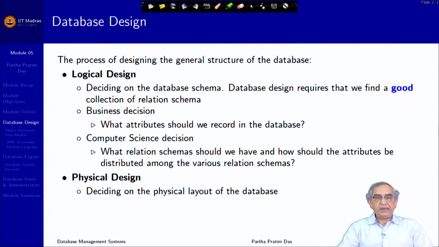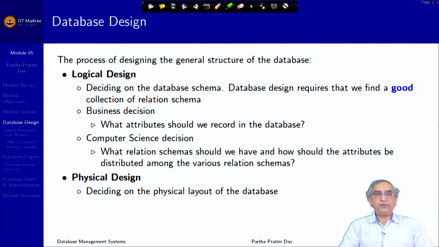One is designing the physical database, which is how you physically lay out the data, the files, the B trees, the pages in the disk, I am sorry, transactions with the memory and so on. And the other, which most of us will mostly deal with, is a logical design, that is deciding on the database schema, how to organize the data, what should be the attributes, what should be the tables, what should be their relationships and so on.